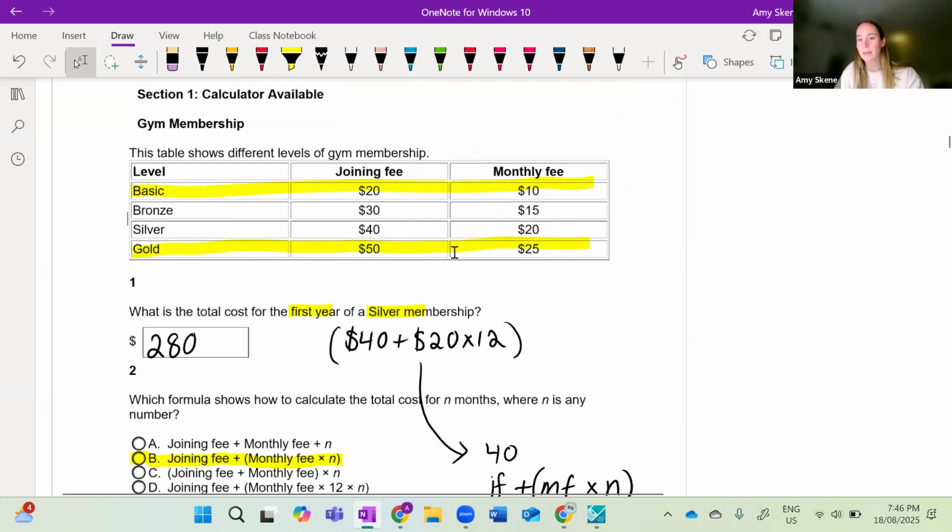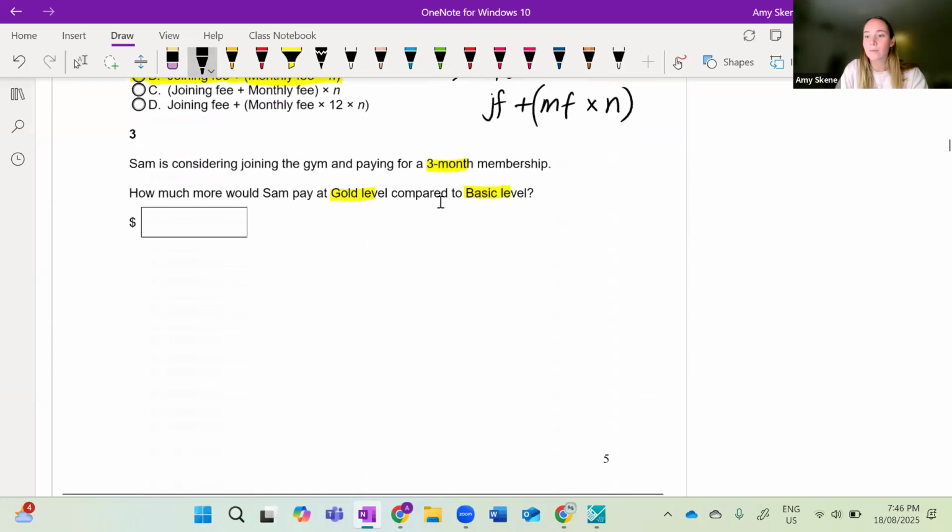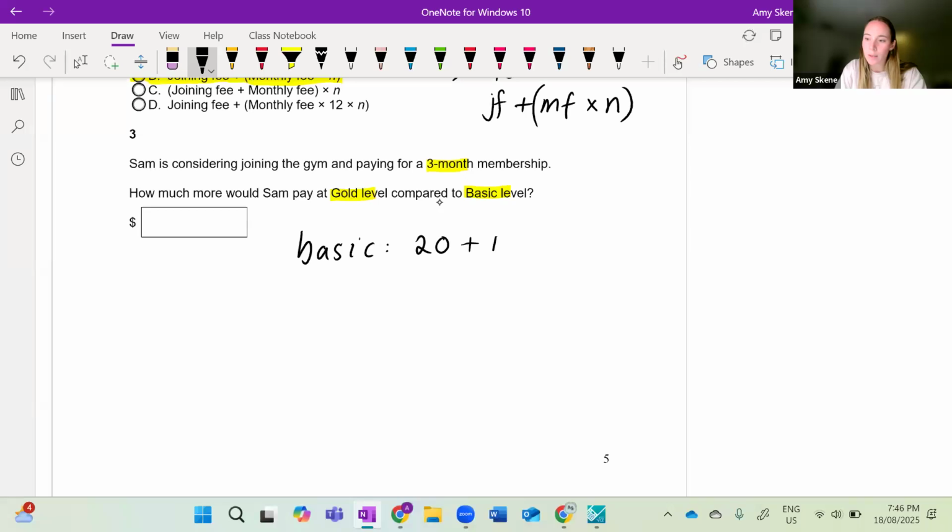So let's do the basic level first. Basic is 20 and 10. So the basic level, you've got 20 as the joining fee plus 10 as the monthly fee. So I'm just going to write J for the joining and M for the monthly so it can help me. And it's 3 months, keeping that in mind.